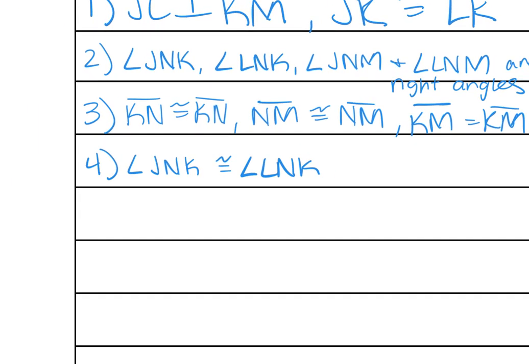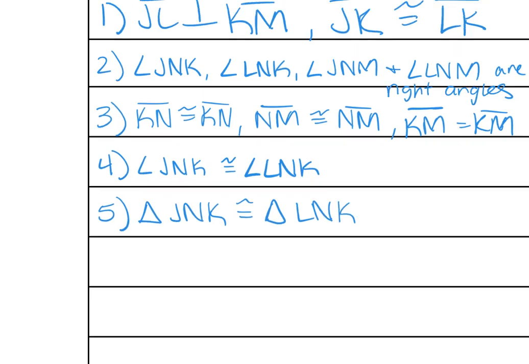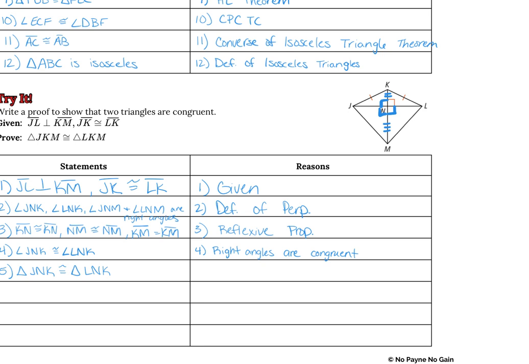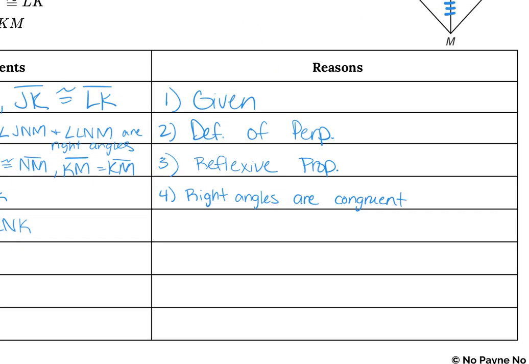Right, next, we can prove that triangle JNK is now congruent to triangle LNK. And we can do that through the hypotenuse leg because we have our right angle, our hypotenuse side, and then our leg, and we've got same thing over there, our hypotenuse side and our other side.